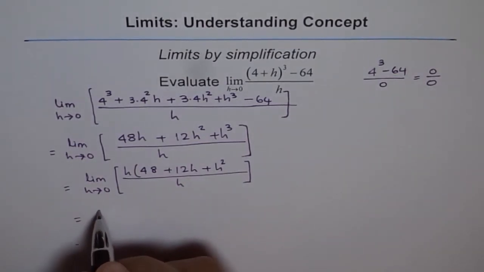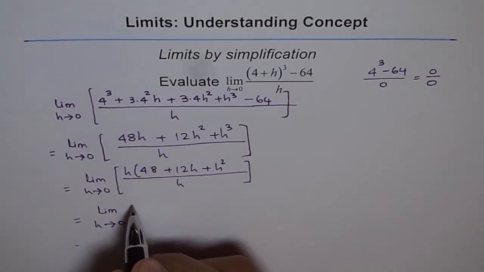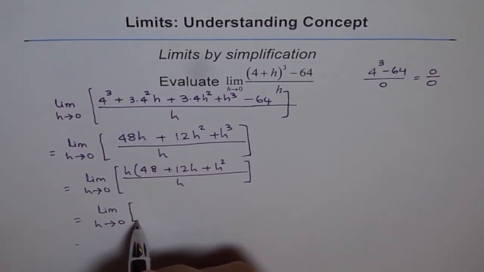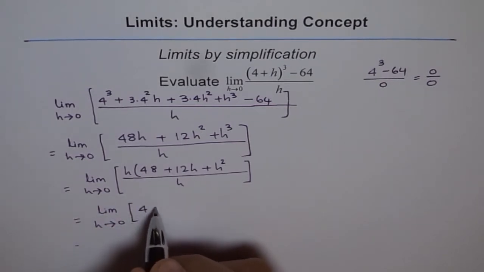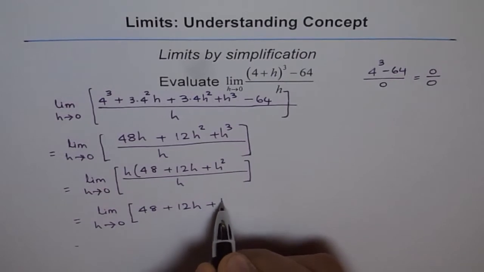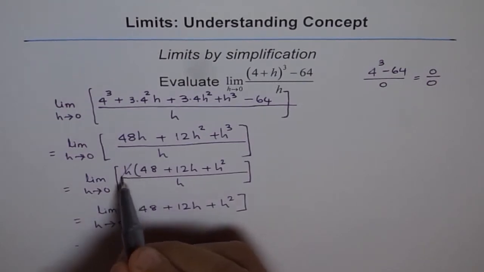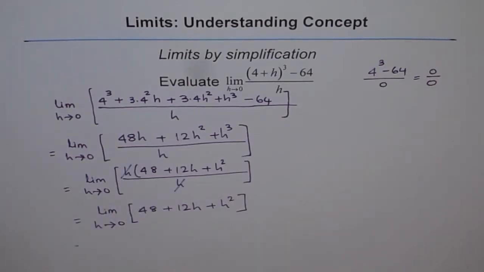So we get limit h approaches 0 of 48 plus 12h plus h squared. Correct? Since this gets cancelled out, h divided by h is 1. At this stage, you can see we can substitute h as 0 and get our answer, right?